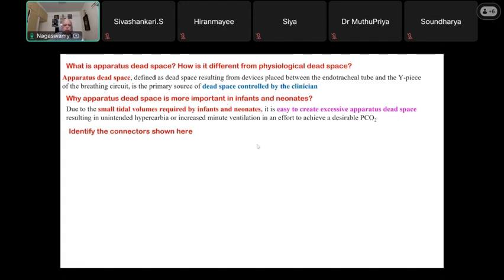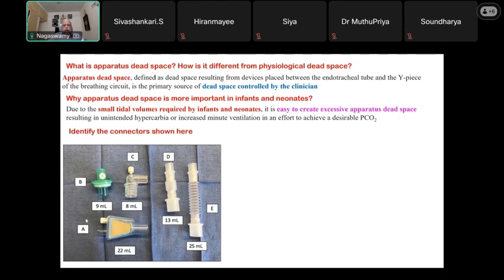Now I am going to show you some connectors and their apparatus dead space volume, how much each one has. Have you all seen this type of connector here? What is A? Can anyone identify? Very good. It's an HME filter or a bacterial filter.